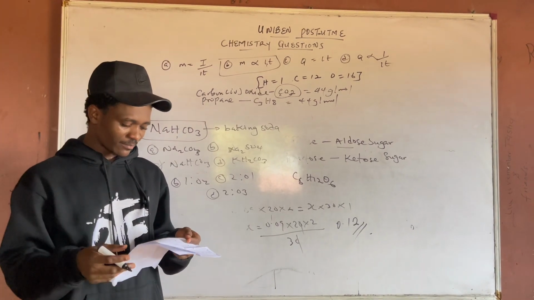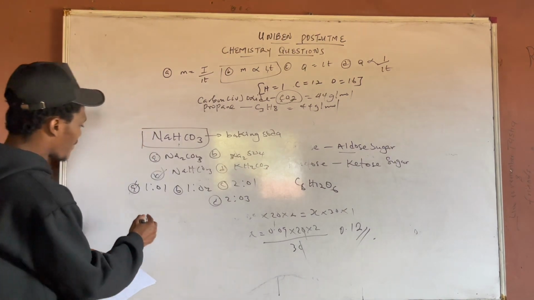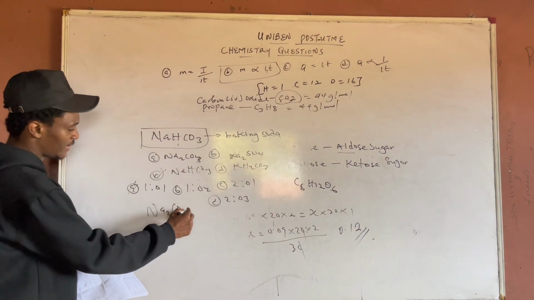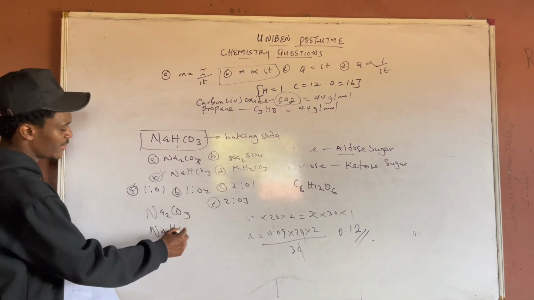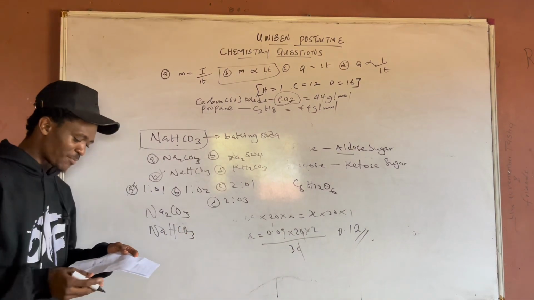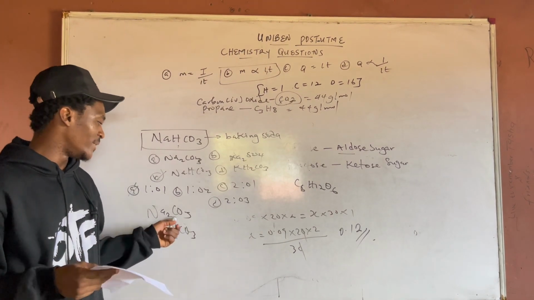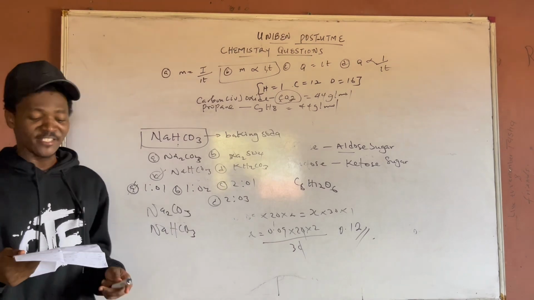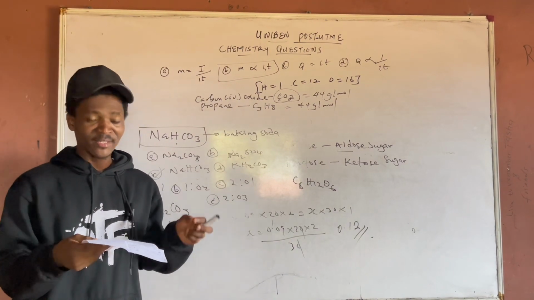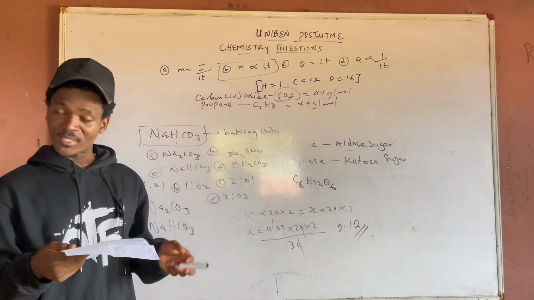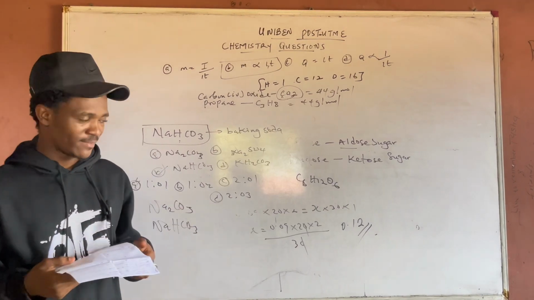Then the next question. The best way to distinguish between sodium carbonate, Na2CO3, and sodium hydrogen carbonate, NaHCO3, is by, now these are the options: adding an acid, option A; dissolving in water, option B; exposing to air, option C; then option D, heating.